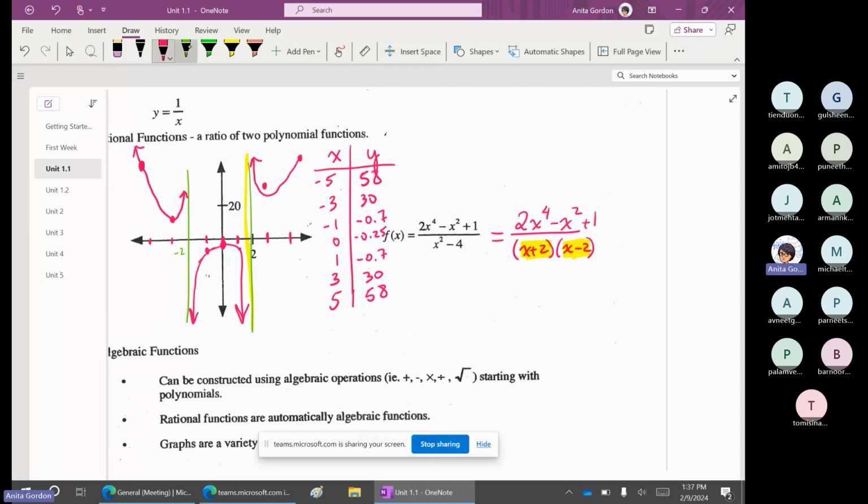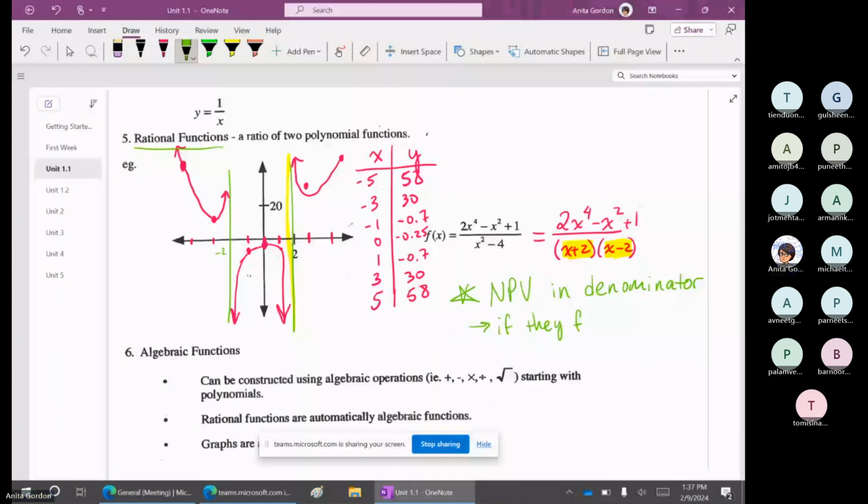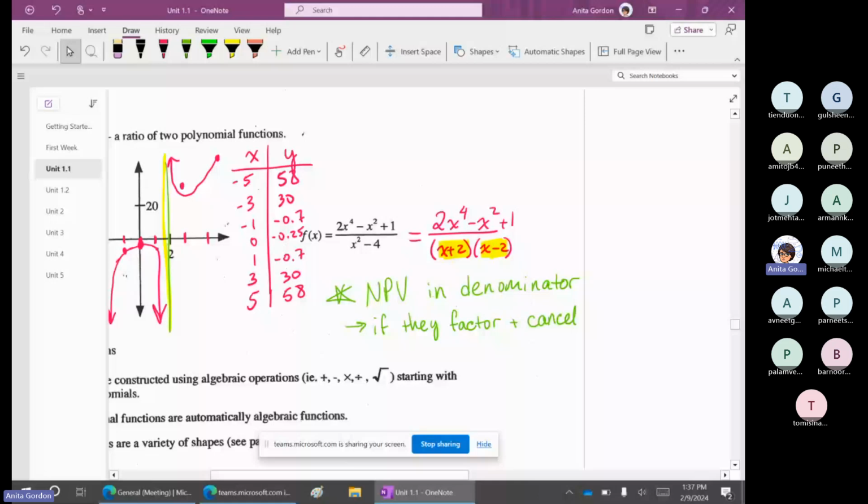Okay, the key point that I want you to remember when we have rational functions is the non-permissible values in the denominator. If they factor out and cancel, then we call it a hole in the graph.